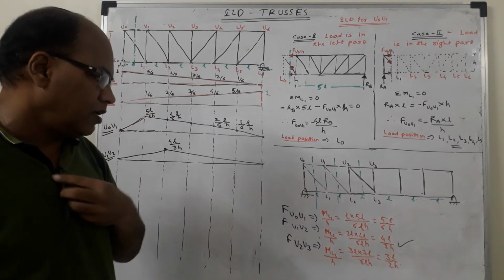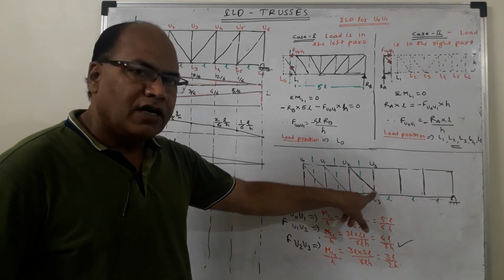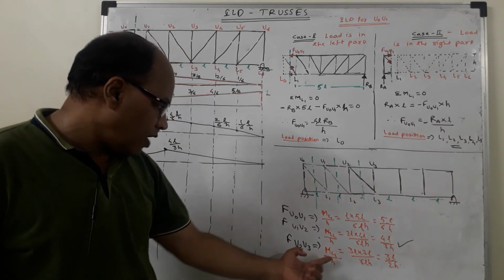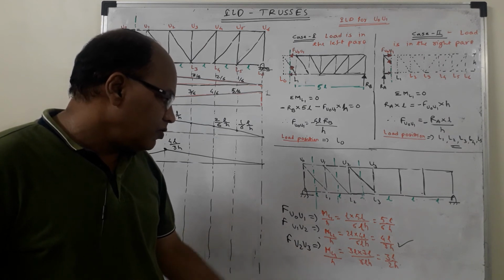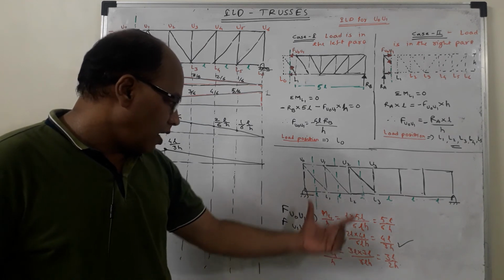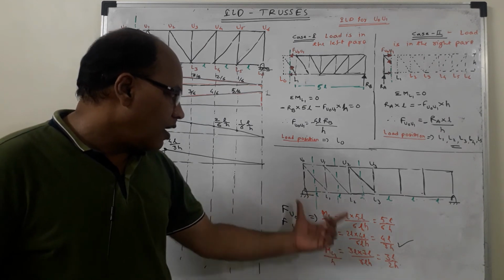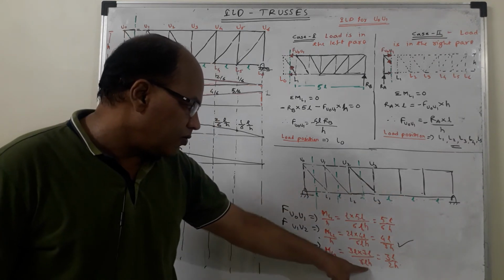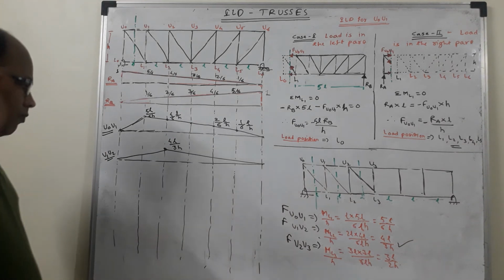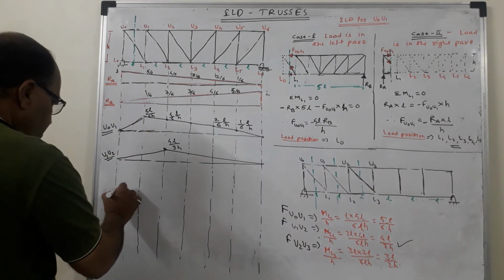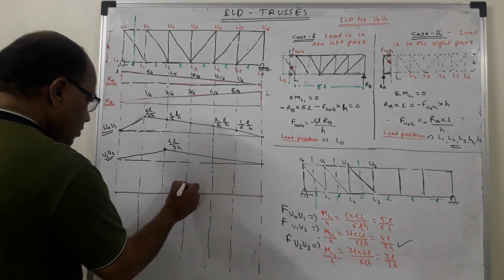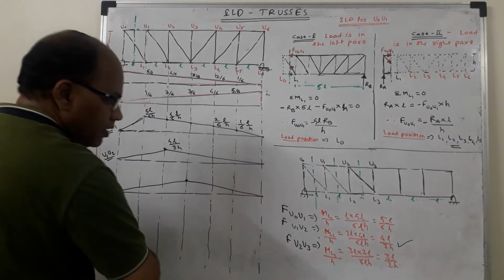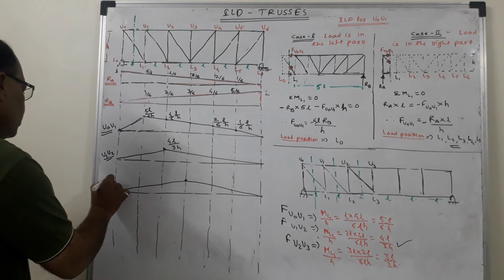Moment about L3 means about this point, and this moment divided by H is nothing but the force in U2, U3. So WAB is the moment, A is 3L, B is 3L, divided by 6L, the total span, into H. So 3L by 2H will be the value, and that is why I will have to show this value over here, and this is going to be the ILD for U2, U3.